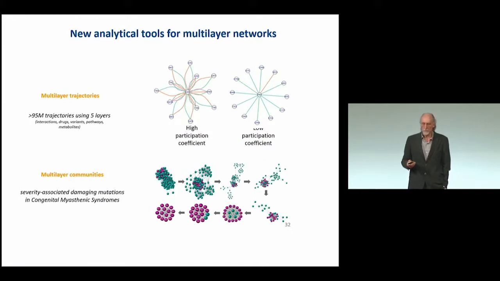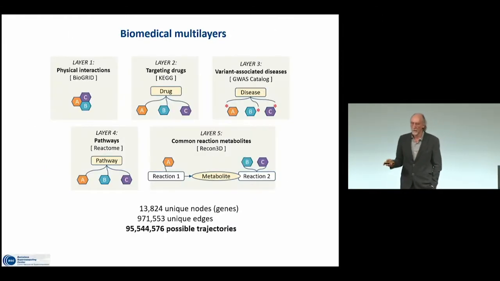In the case of biology, we can use these multi-layers to find trajectories, how genes are connected, for example, or communities, how different genes or proteins are performing common functions. There are many things that we can put in these multi-layers. These are examples: physical interactions, drugs, mutations and variations, pathways, or reactions with metabolites.